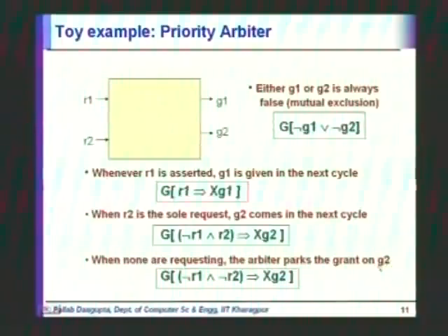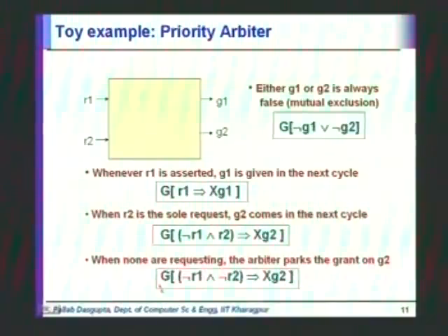So the low priority request by default has the grant. Okay. And when the high priority request comes, it gets the higher priority. But whenever R1 is not requesting, then at that point of time the grant is normally going to reside with G2. Right. So always not R1 and not R2 implies next G2.